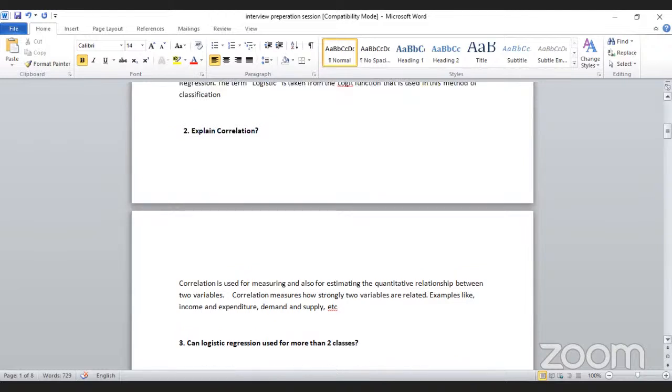So, can logistic regression be used for more than two classes? Is that possible?